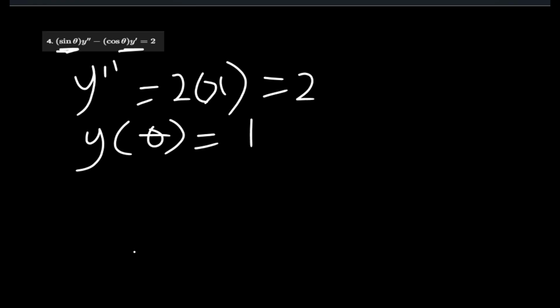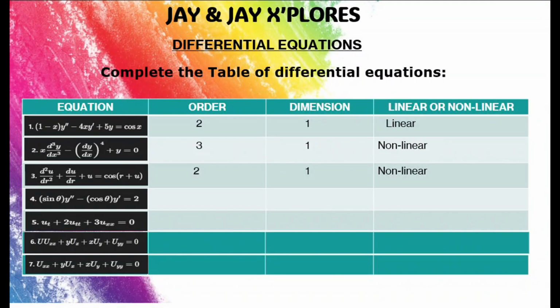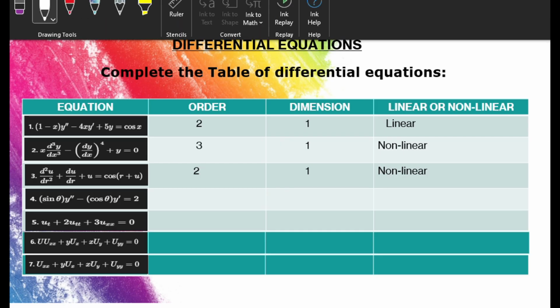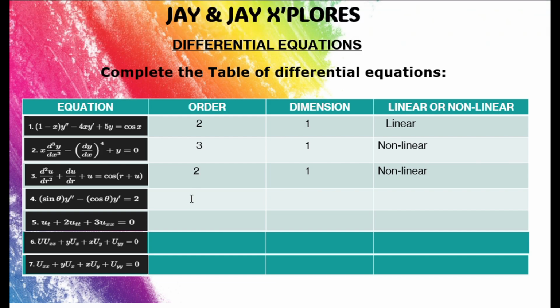Let's look at linearity. We said an equation is supposed to be linear if there are no products of the derivative. So here we could see that the equation is a linear equation. Let's put in these values as well to make our table complete.